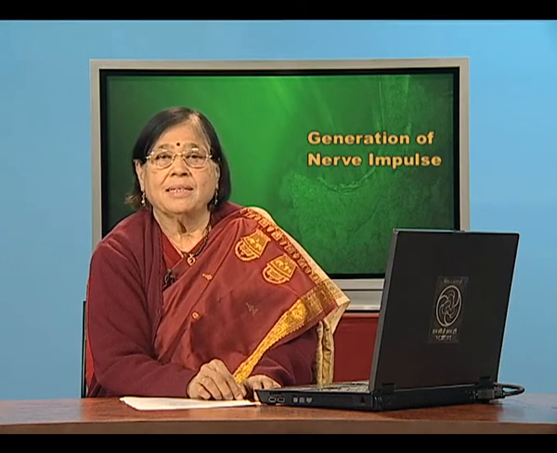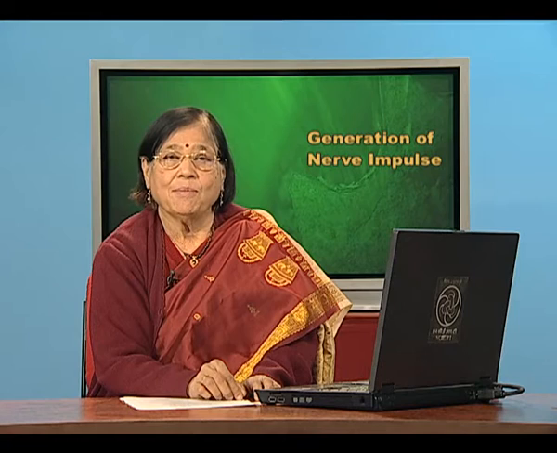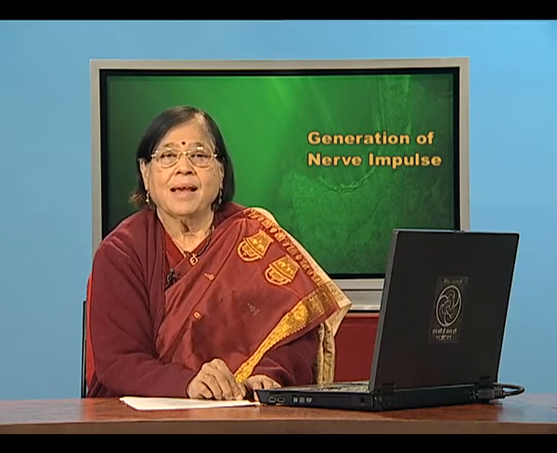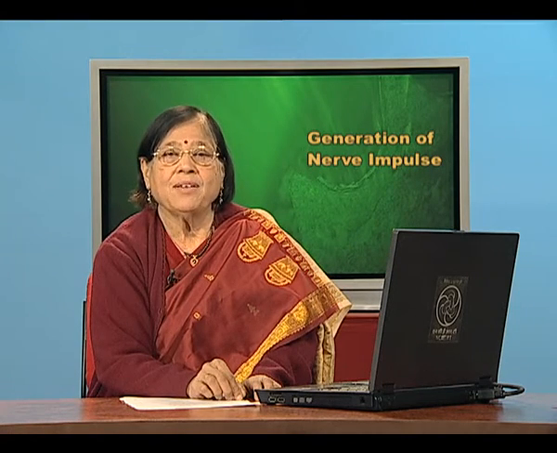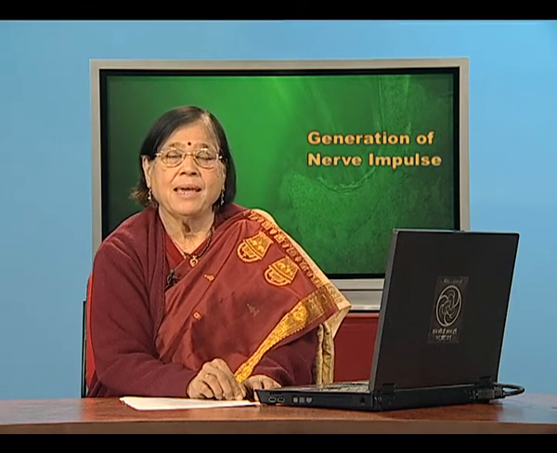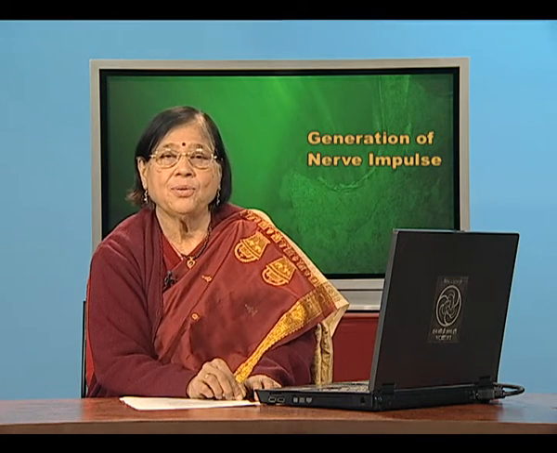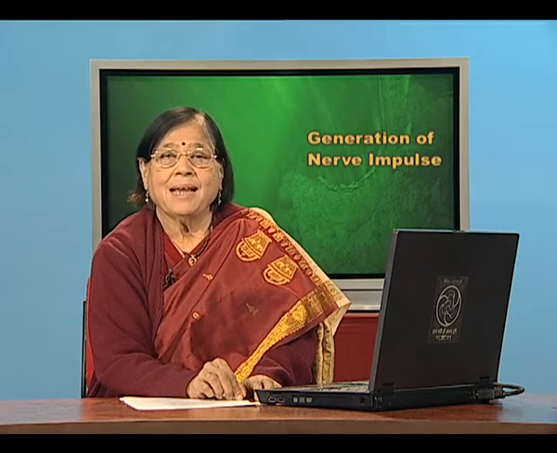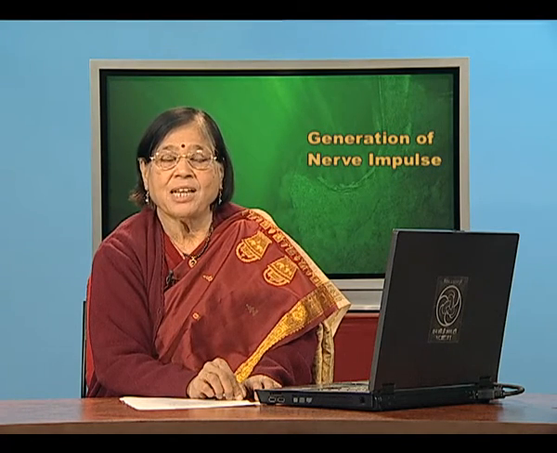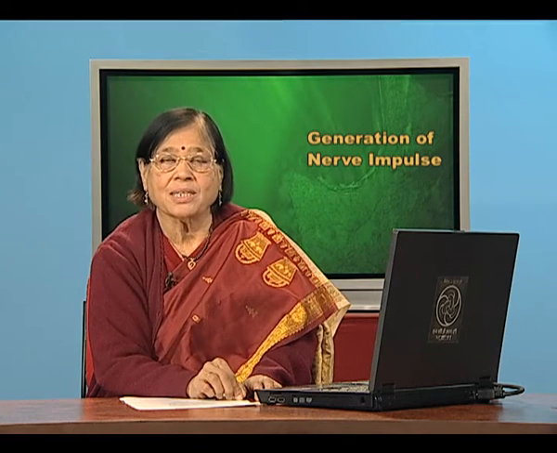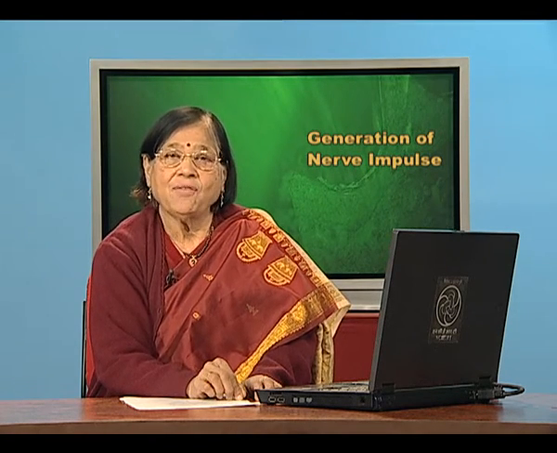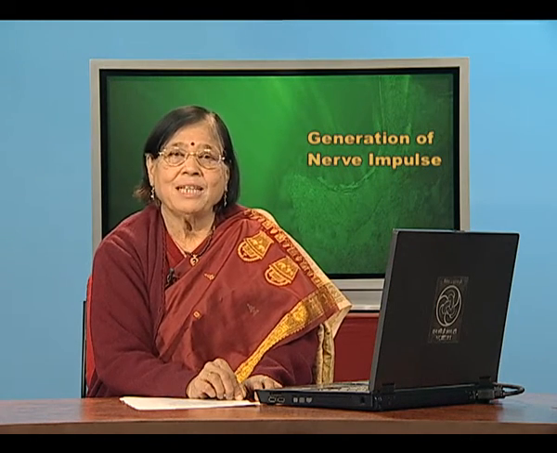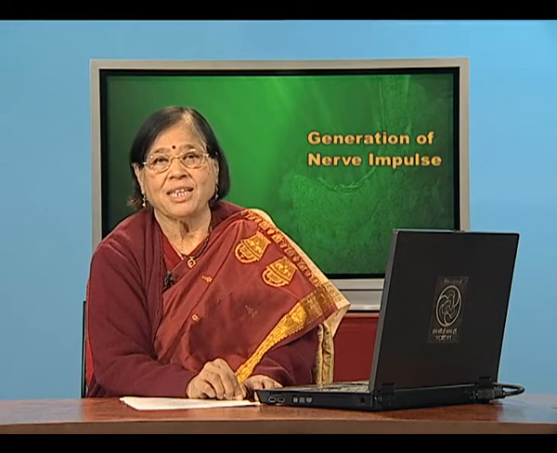Of course, the positively charged ions will move in and negatively charged ions will move out, but outside the membrane the movement will be from B to A and inside it will be A to B. That will also imply that the outer membrane will become negatively charged, inner positively charged, because the circuit is completed. And it will also mean that point A becomes normal, positively charged outside, negatively charged inside.